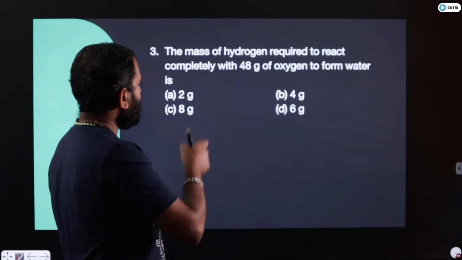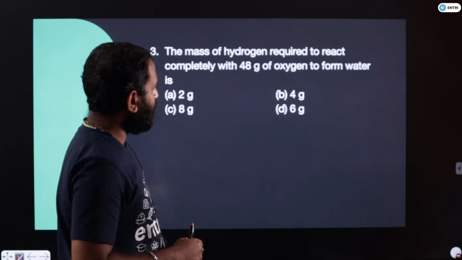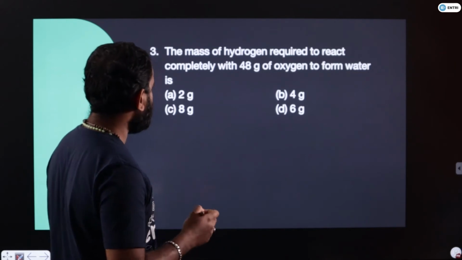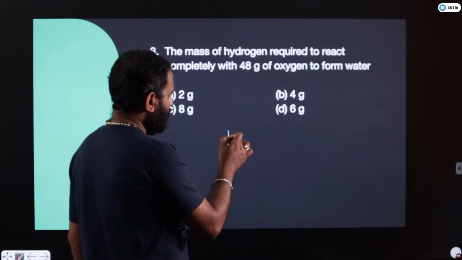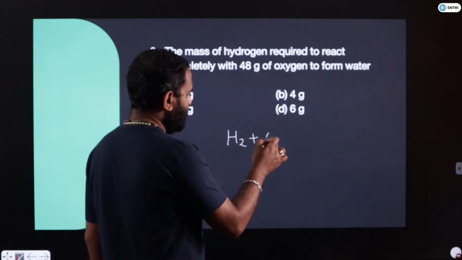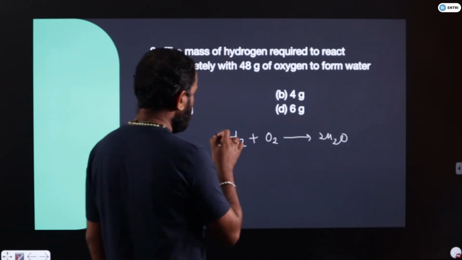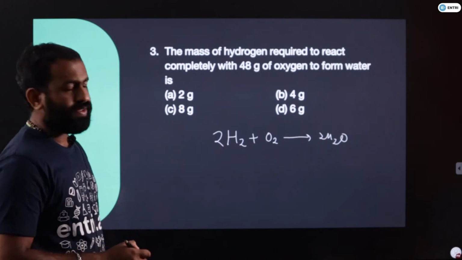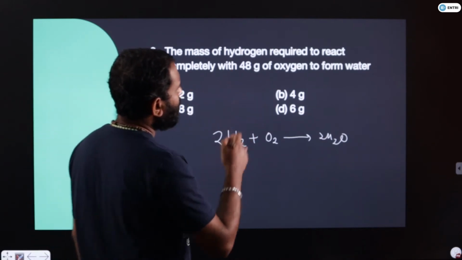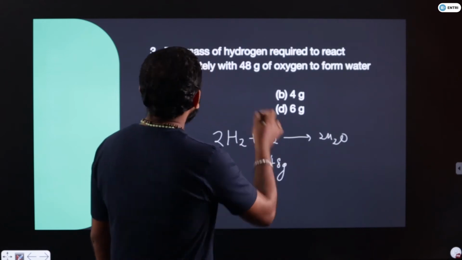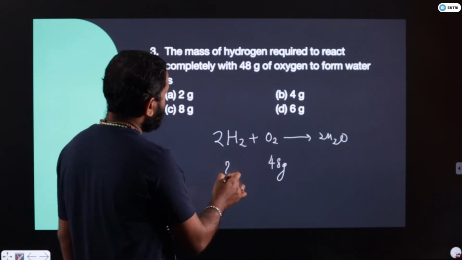Then same type: the mass of hydrogen required to react completely with 48 gram of oxygen to form water. Here also the reactants are hydrogen and oxygen. 2H2 plus O2 gives 2H2O, this is the balanced chemical equation. Then 48 gram oxygen, the mass of hydrogen required.